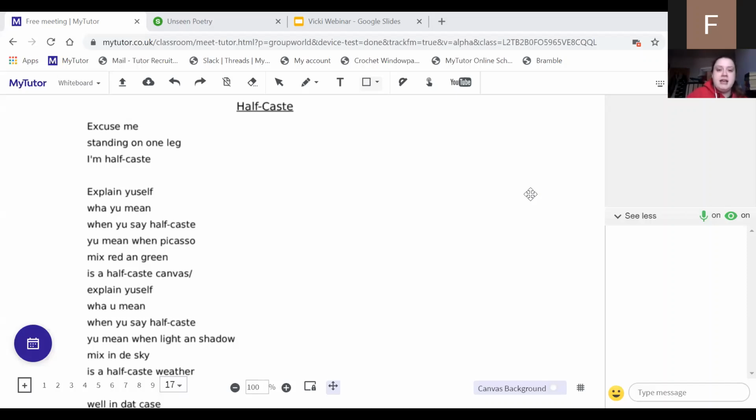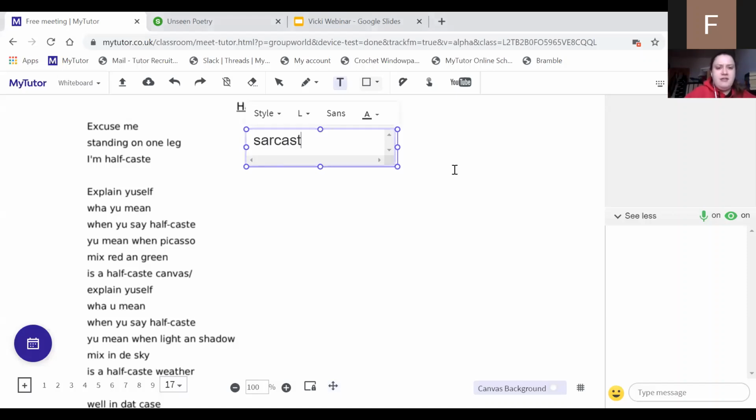Right, so, excuse me standing on one leg, I'm half caste. So, what can we take from that? First things first, we can say that it's apologetic. Where's my mouse gone? I lost my mouse. It's very apologetic. It's sort of quite sarcastic.